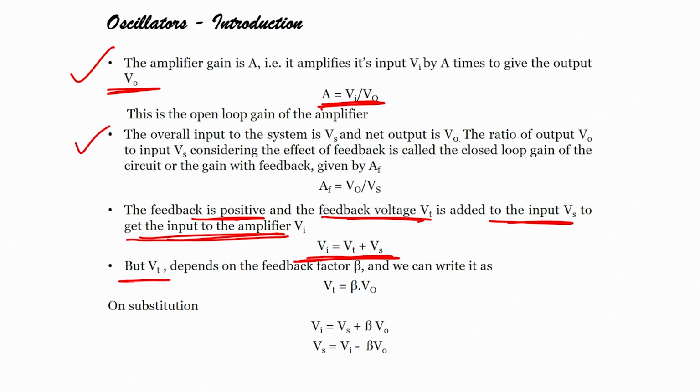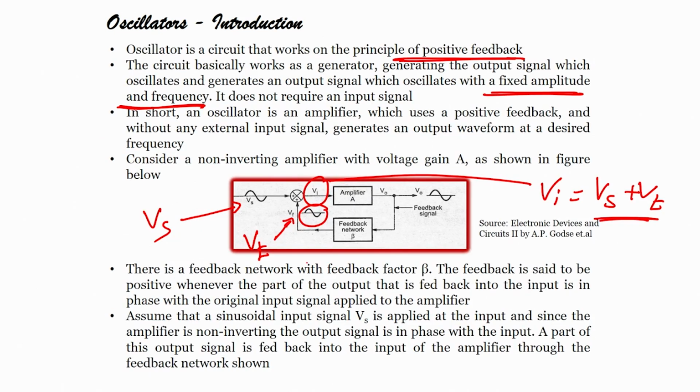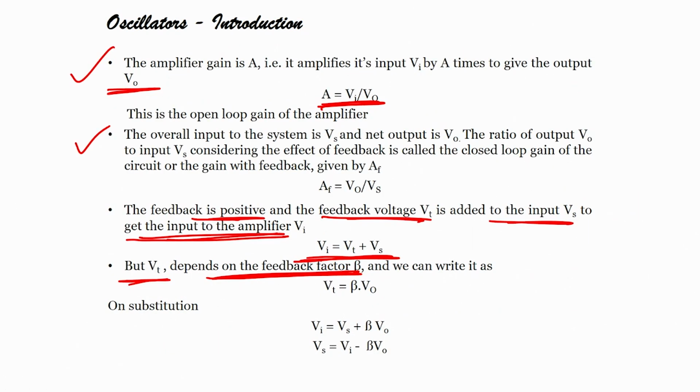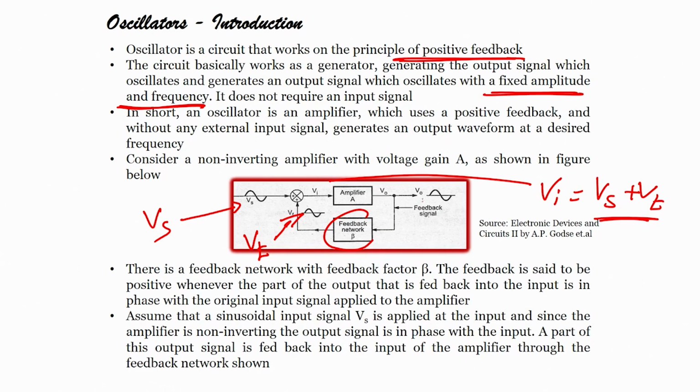But Vf, the feedback signal, depends on the feedback factor beta. Part of Vo is applied to the beta network, and that is why the feedback signal Vf would be beta times Vo. Very easy.